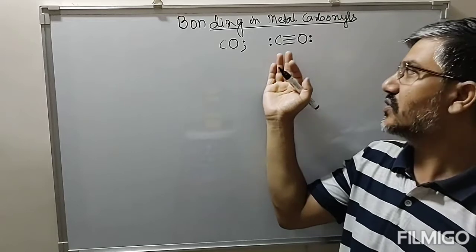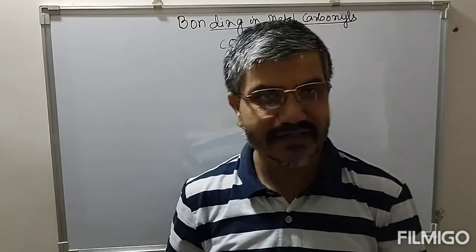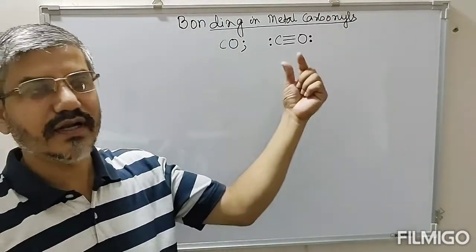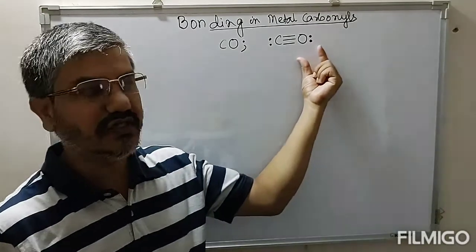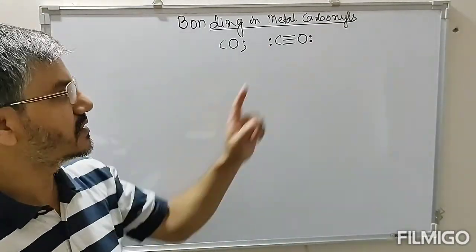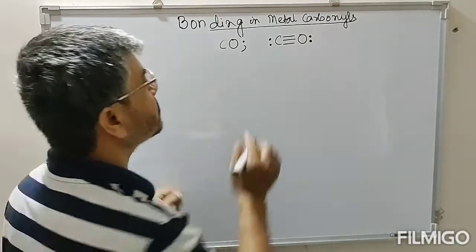The lone pair on carbon can therefore be donated easily and more easily polarized. Carbon is more easily polarizable than oxygen. Whenever a metal forms a bond with carbon monoxide, it is always through carbon, not through oxygen.